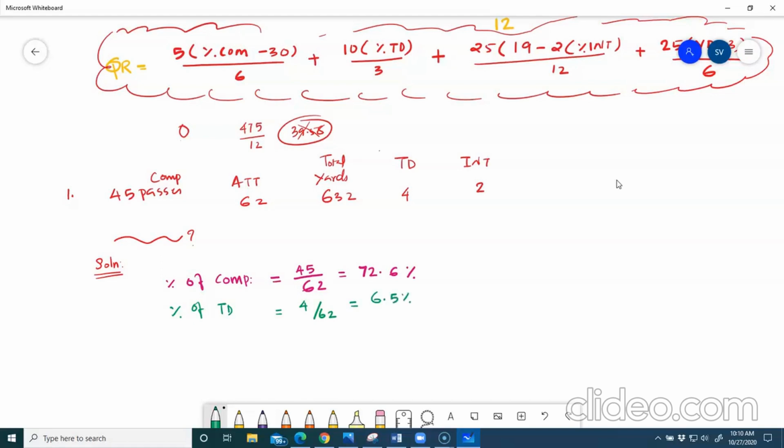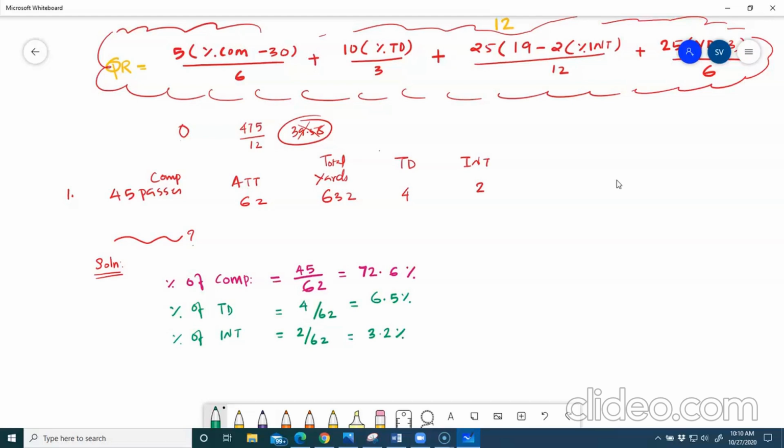Now we calculate the percentage of interceptions. Interceptions are 2, so 2 over 62, which is approximately 3.2 percent.